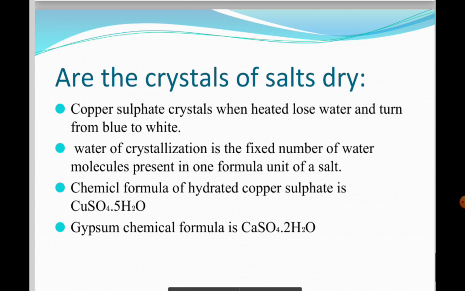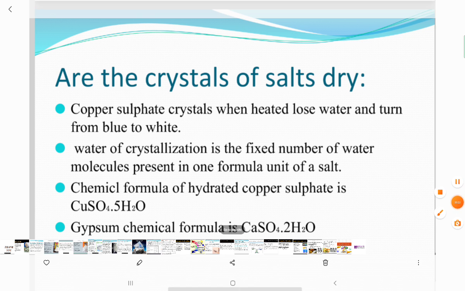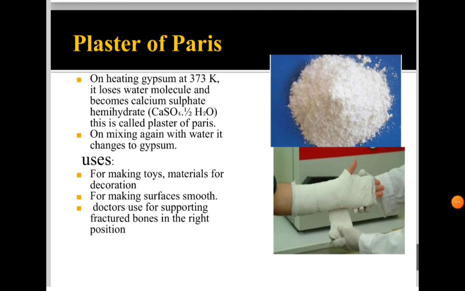Gypsum's chemical formula is CaSO4.2H2O. Plaster of Paris: on heating gypsum at 373 K, it loses water molecules and becomes calcium sulfate hemihydrate, CaSO4.1/2H2O.